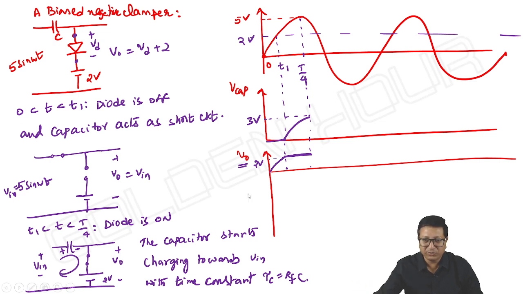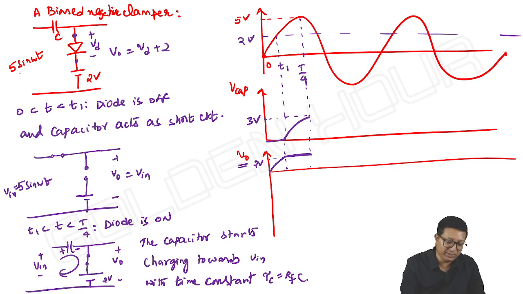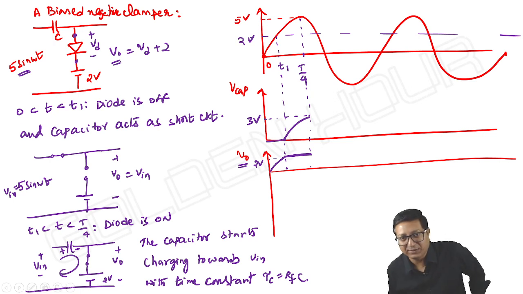As the diode is open, whatever the variations you have in input can be shared by the capacitor and output. V input is equal to V capacitor plus V output, and the capacitor voltage is unable to change, so whatever the variations we have in input, all those variations can be seen across the output terminals.